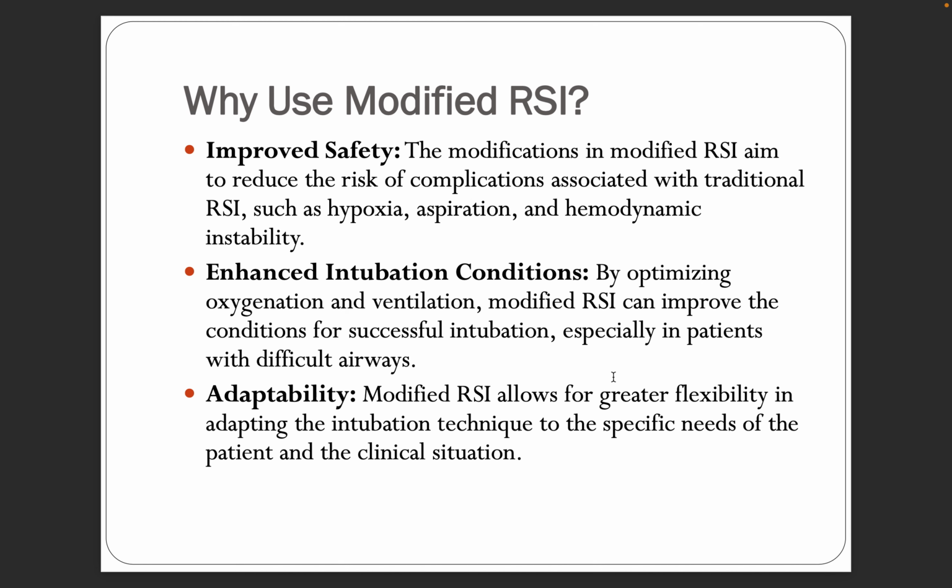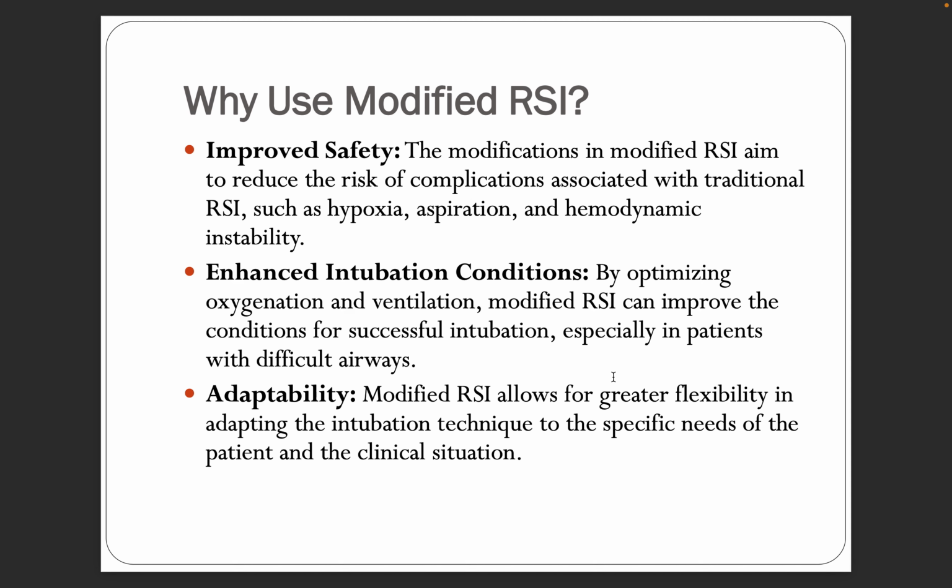Why use modified RSI? It should improve the safety. The modifications in the modified RSI aim to reduce the risk of complications associated with traditional RSI such as hypoxia, aspiration and hemodynamic instability. Secondly, enhanced intubation conditions.